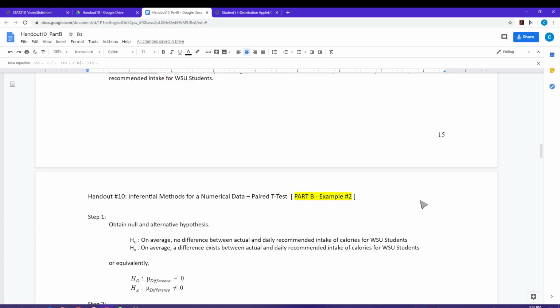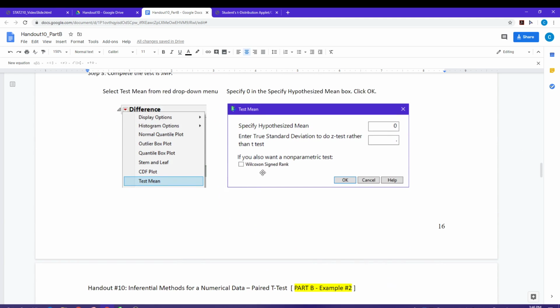But what we can be using in its place is the Wilcoxon signed rank test. You would simply select that box and it would return a p-value for that test. Again, the Wilcoxon signed rank test is a nonparametric test and should be used when you have problems with normality in your data. Here we do not have problems with normality, so I will just stick to the standard t-test.